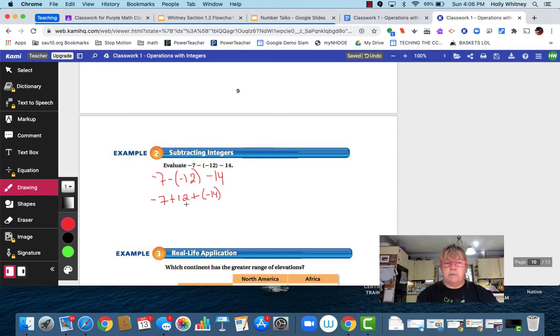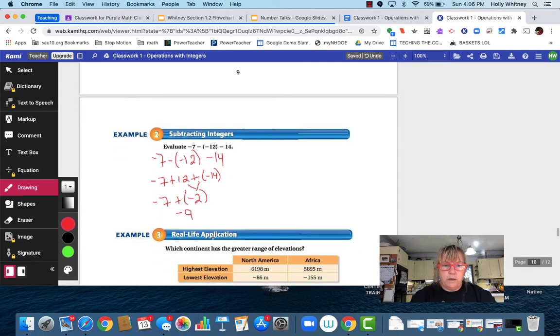Now we can start adding them together. I'm going to start with these two because I think it's a little easier. If I have -14 and I add 12, the signs are different, so I subtract, and I end up with -2. So that becomes -7 plus a -2. Signs are the same, so I add them together. I get 9, and we use the common sign, so it's -9.